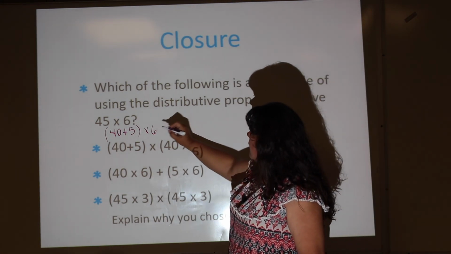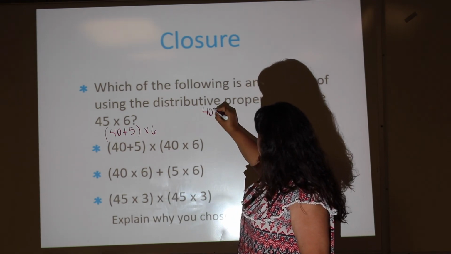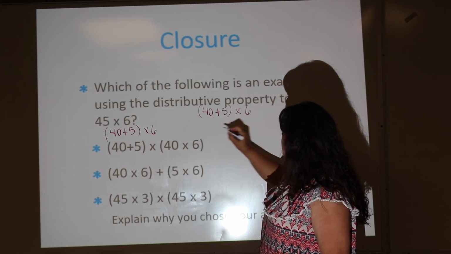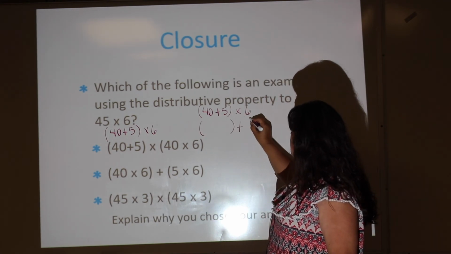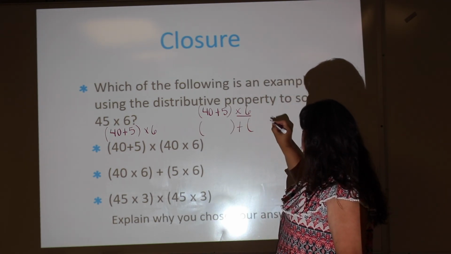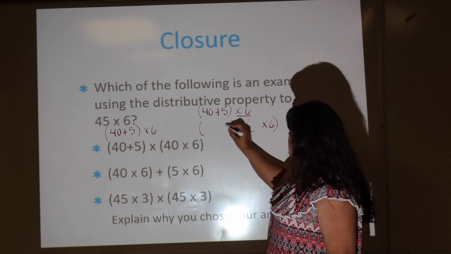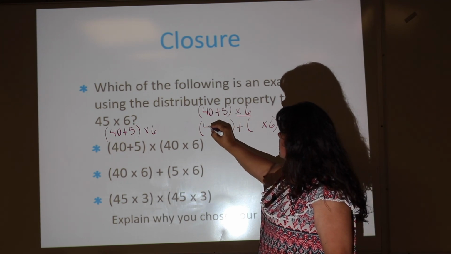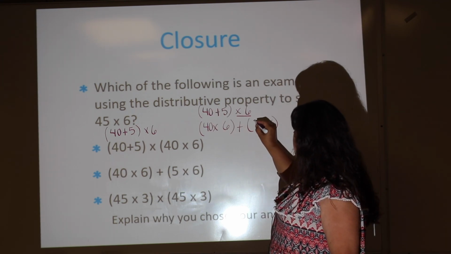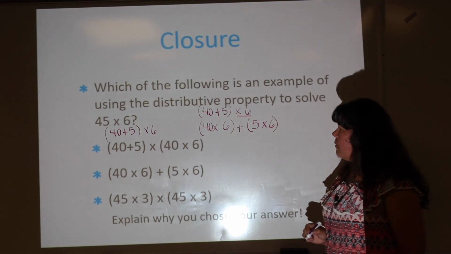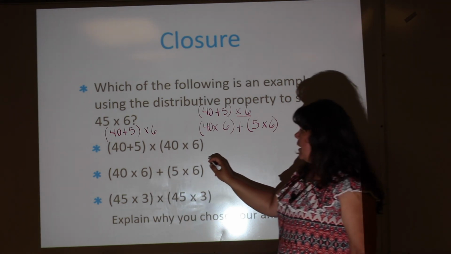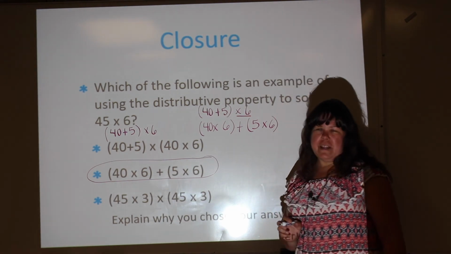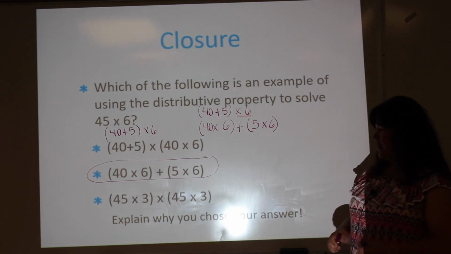Then I would break that up even more. Do my 2 sets of parentheses. Put times 6 on each right side. Hopefully you're finding it. I'd put the 40 in here, this 5 in here. Do you see your problem anywhere in here? You're right, it's this one right here. So hopefully you were able to figure that one out on your own.